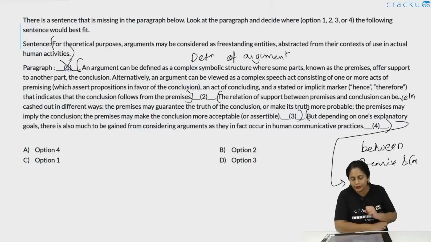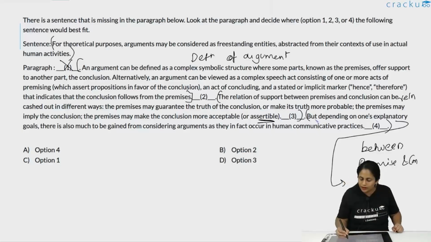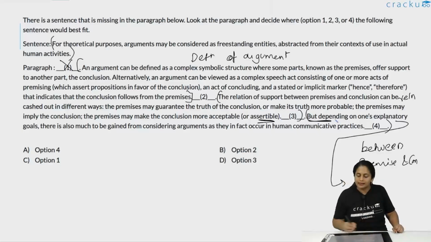Now if you take a look at 2, 3, 4, essentially there is a clear jump between this sentence which ends over here and this sentence which ends over here. This sentence tells that, but depending on one's explanatory goals, there is so much to be gained from considering arguments as they in fact occur in human communicative practices, as in how they occur in real life, in human communication.